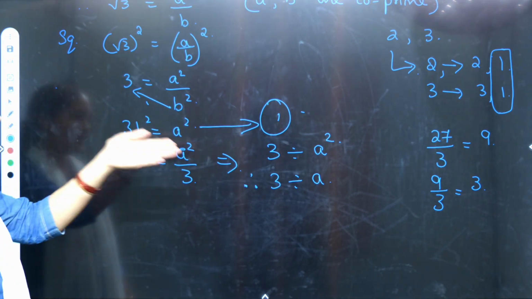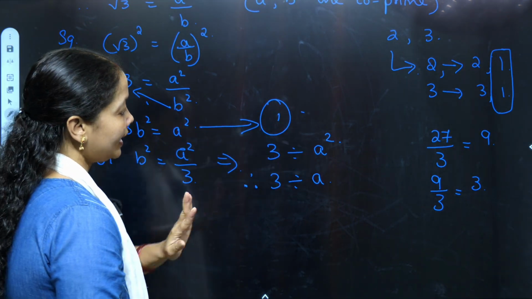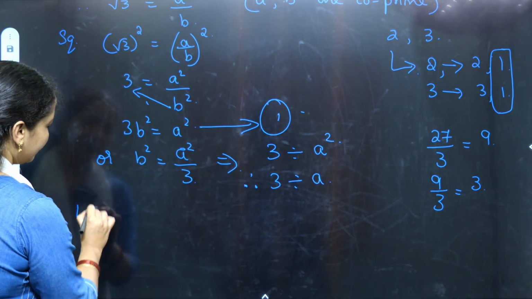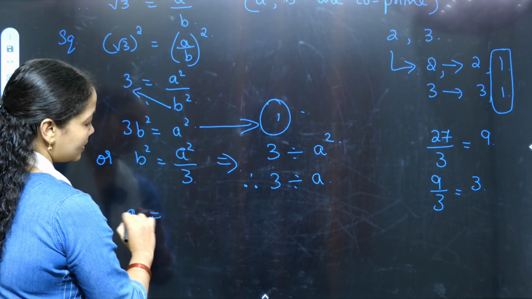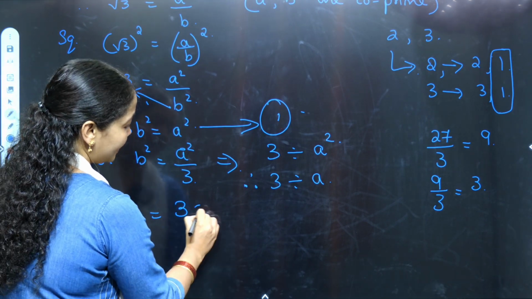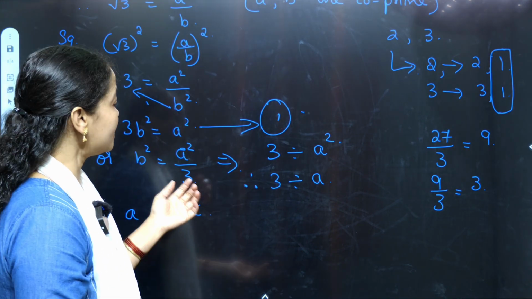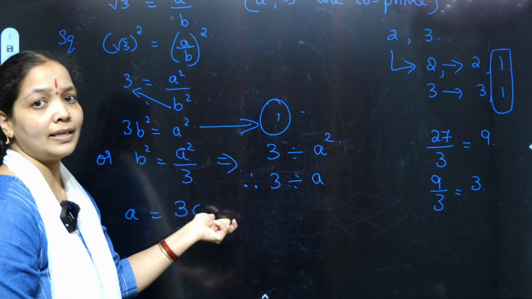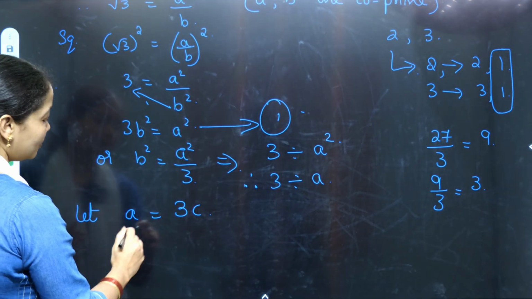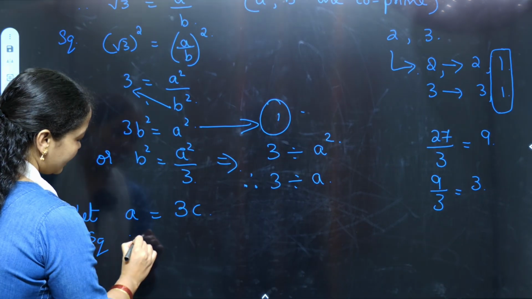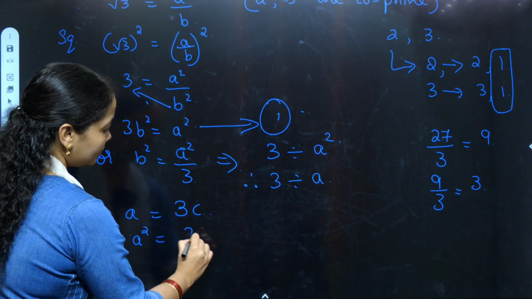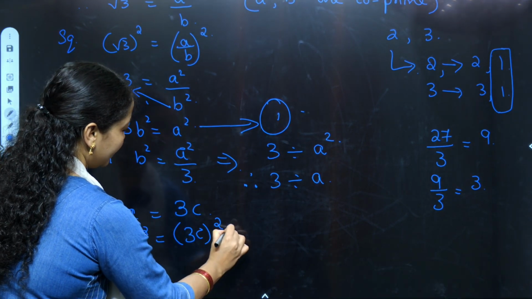Now since 3 is dividing both a square and a, I am considering let a be equal to some other integer which is again a multiple of 3, called 3c. Squaring on both the sides, a square is equal to 3c the whole square.